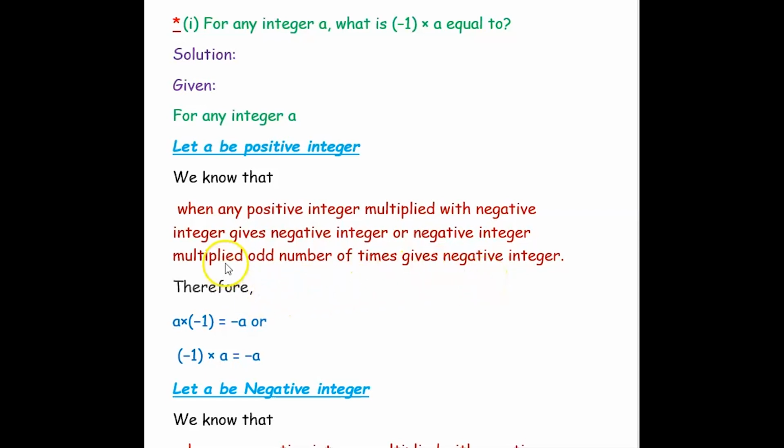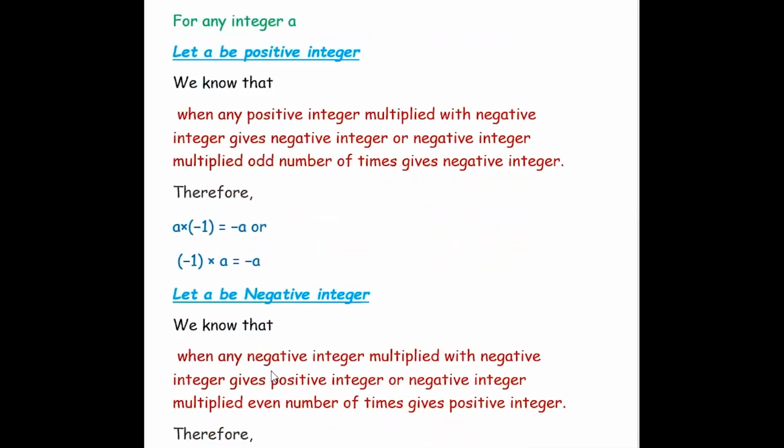We are taking a as positive and multiplying it with -1, so -1 is taken only an odd number of times, and the result will be negative a. So a multiplied with -1 gives negative a, or -1 multiplied with a gives negative a.